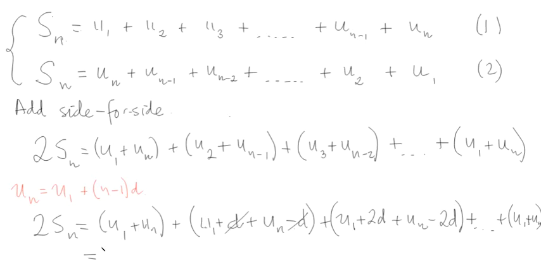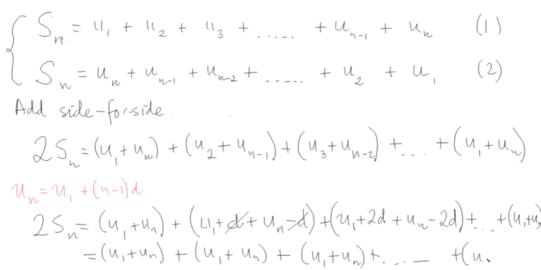So what we see is we have u1 plus un here, plus u1 plus un here, plus u1 plus un here, plus u1 plus un. So for as many terms as we have in our series, i.e. for the n terms, we have n lots of u1 plus un, because they all simplify to u1 plus un.